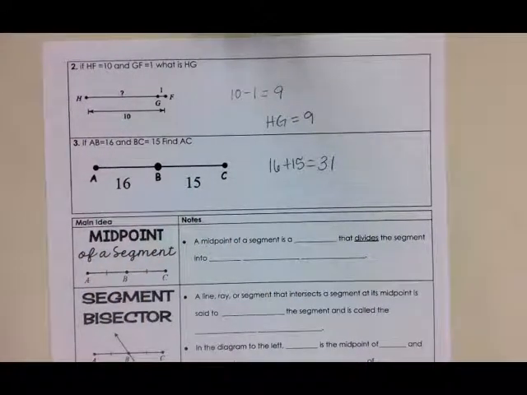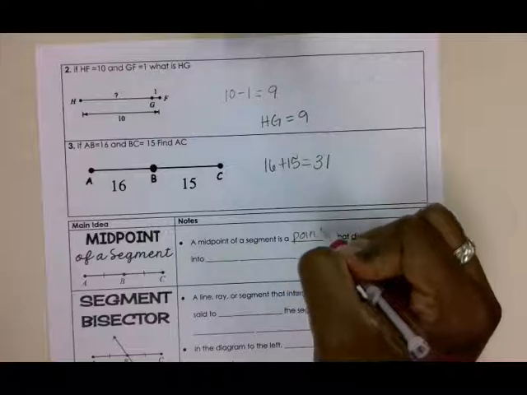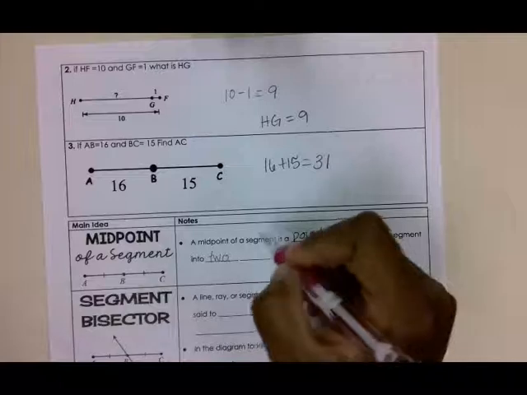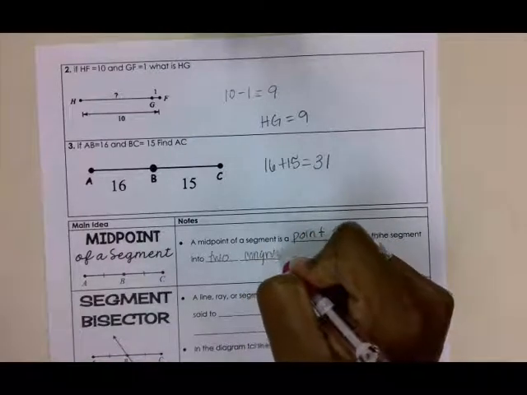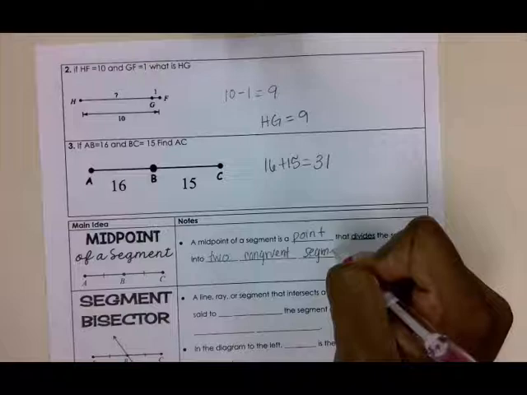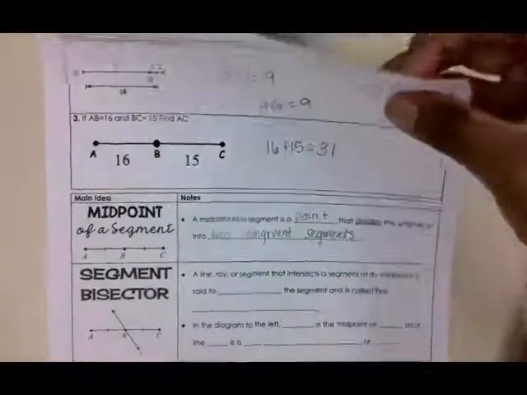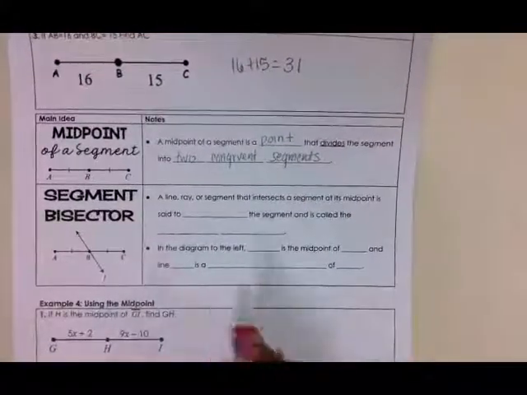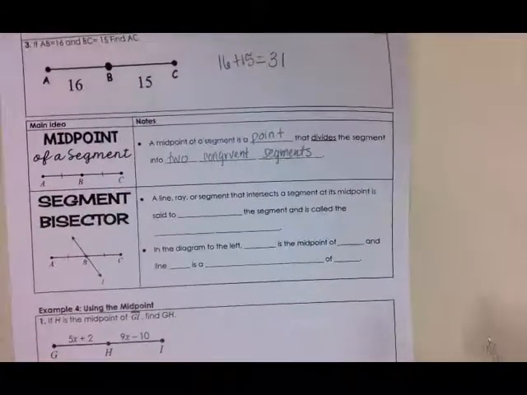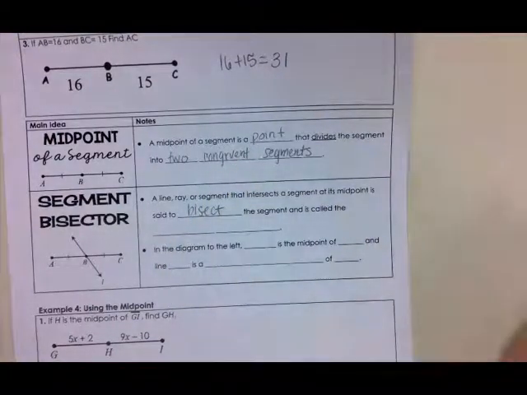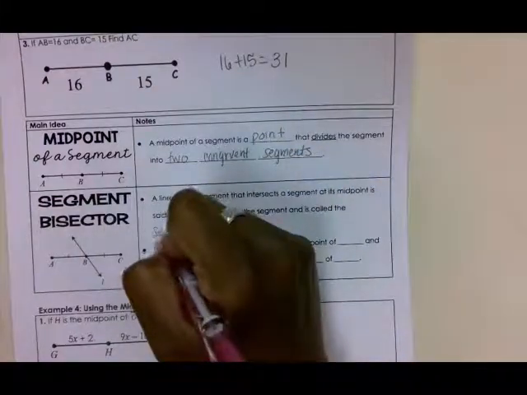Okay? We're going to talk a little bit about midpoints. A midpoint of a segment is a point that divides the segment into two congruent segments. A segment bisector is a line that intersects a segment at its midpoint, is said to bisect the segment, and is called a segment bisector.